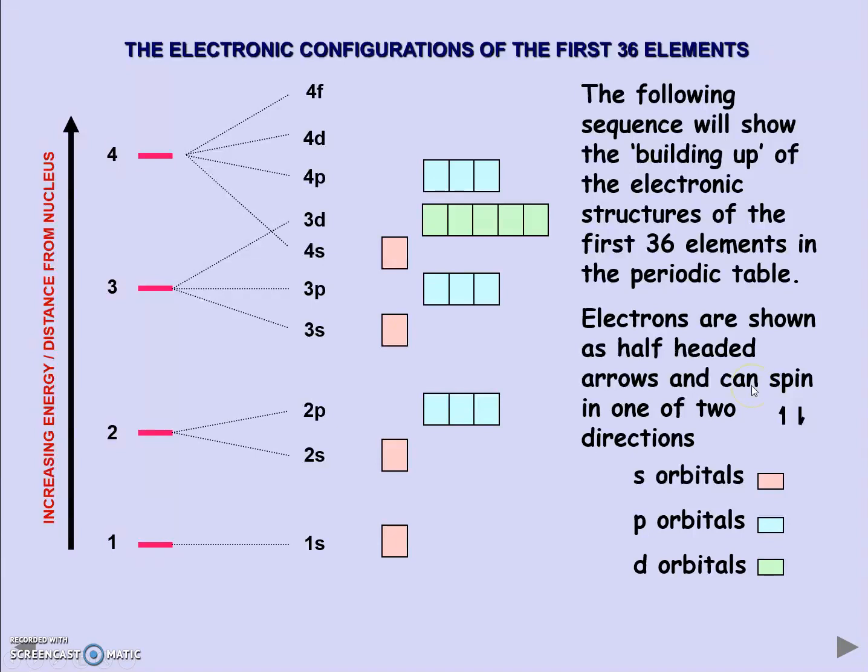We said before that the electrons must have opposite spin. Okay, so our definition of an orbital is a region or a volume of space which can occupy two electrons with opposite spin. Okay, so here we color-coded our s orbitals, our p orbitals, and our d orbitals.